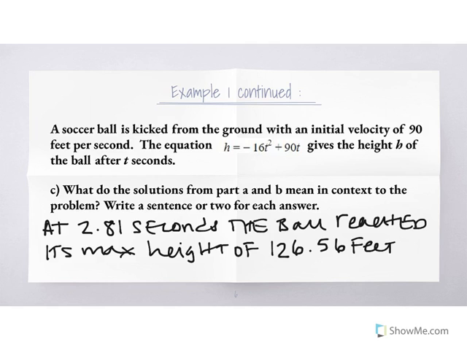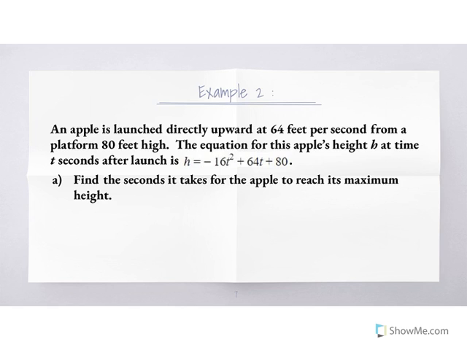Okay, so it's okay to do it as one sentence like that. You guys can write them in separate sentences. You could just say the ball took 2.81 seconds to reach its max height, and then the ball's max height was 126.56 feet. Okay, so let's do one more example just so you guys can get the hang of it.